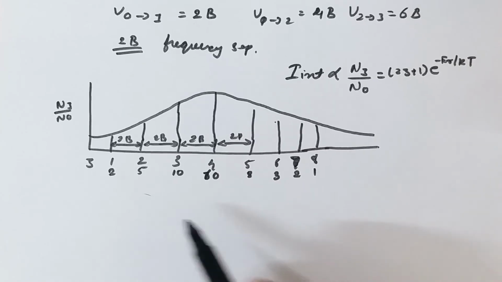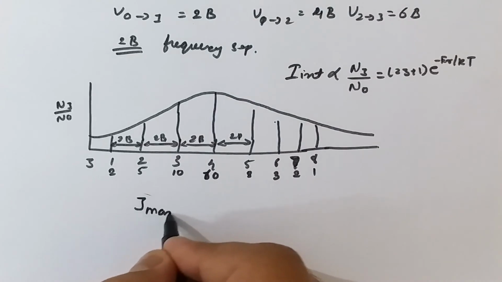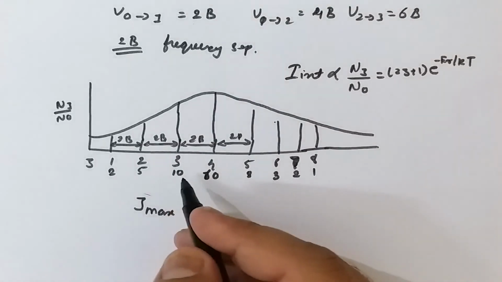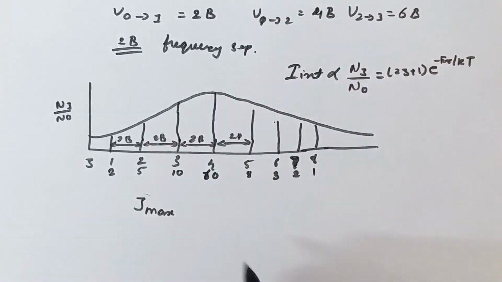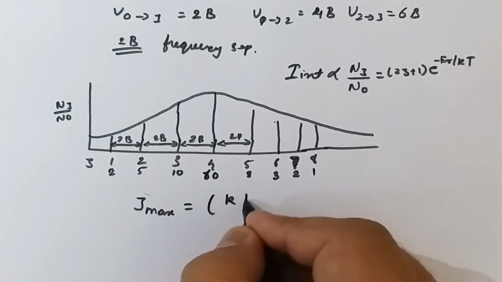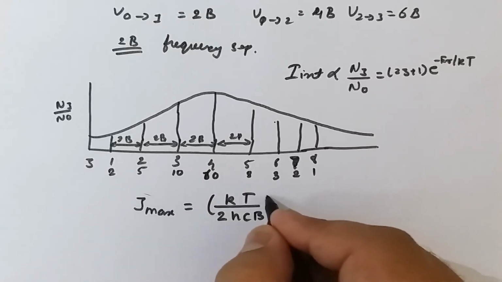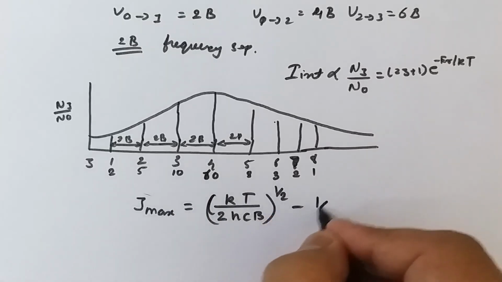Okay, and the value of J, that is J max, meaning at what particular energy state the maximum will be observed, is given by J max equals (kT by 2hcB) raised to 1 by 2, minus half.